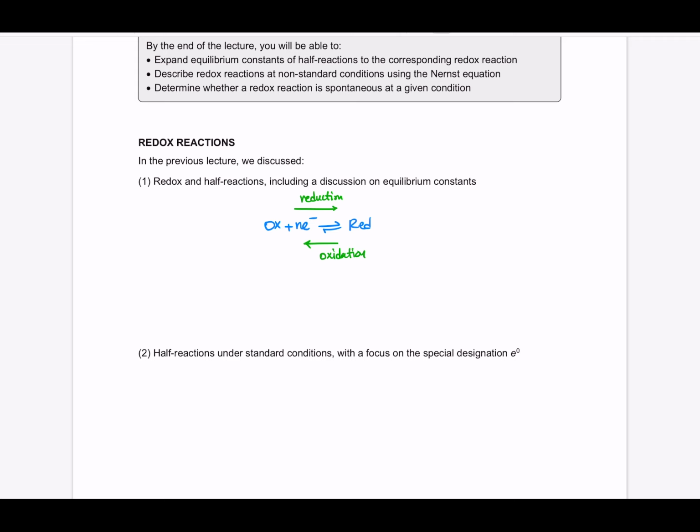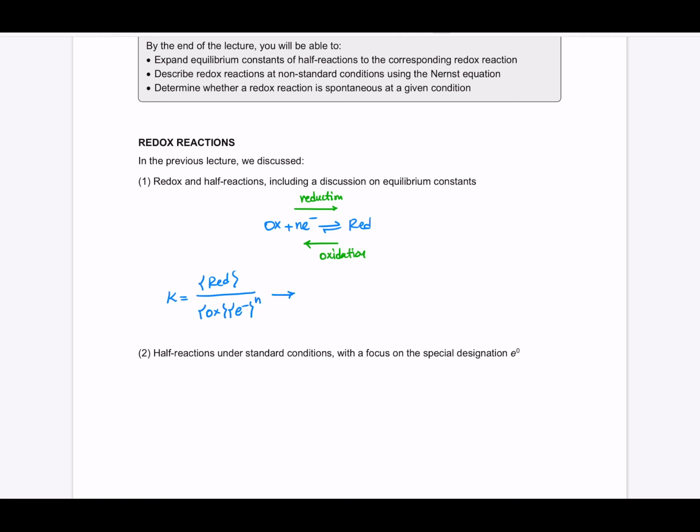And also we mentioned that a redox reaction is a combination of two of these, two half reactions. One serves as the reduction, one serves as the oxidation. And then we described also the K value for this reaction, like any other K values. So this one is basically the product over the reactant.